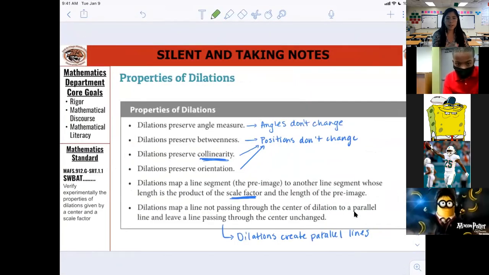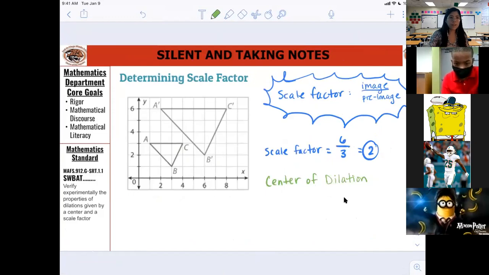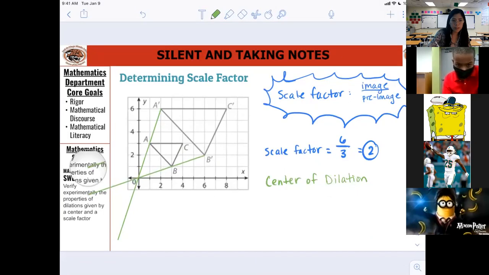So let's take a look at our example. I'm going to go ahead and connect A prime and A and just kind of extend that line. B prime and B, extend that line. C prime and C, extend that line.